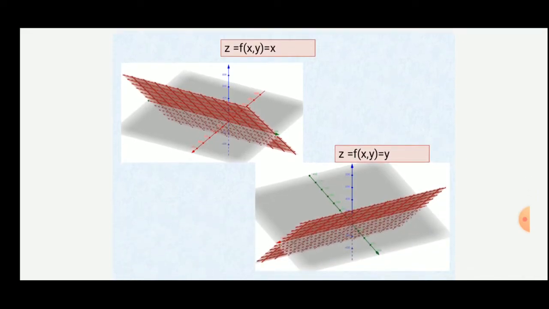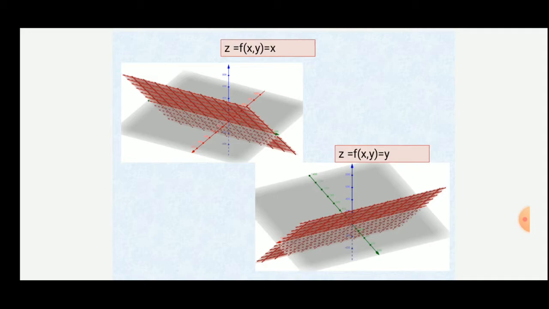The next one is the graph of function z equal to x and z equal to y. The first graph, z equal to x, is a linear function, which is the plane x minus z equal to 0. It consists of all those points in R3 for which the x coordinate and the z coordinate are the same.